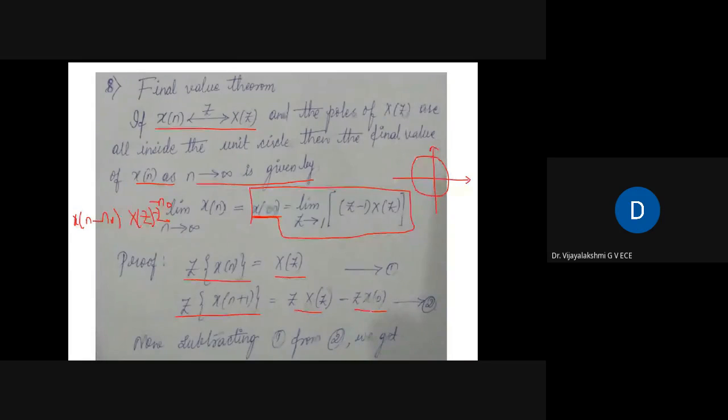Why am I getting this extra term? You should know that this property, what we proved earlier, was for a signal x of n which was defined for the complete axis, so n was varying from minus infinity to plus infinity. The signal we considered was a double-sided signal.